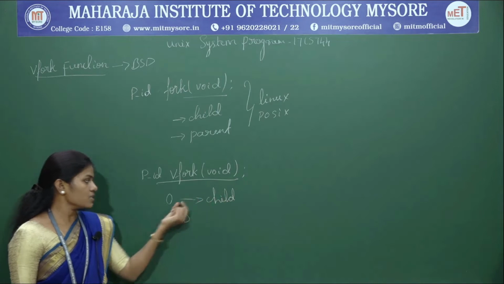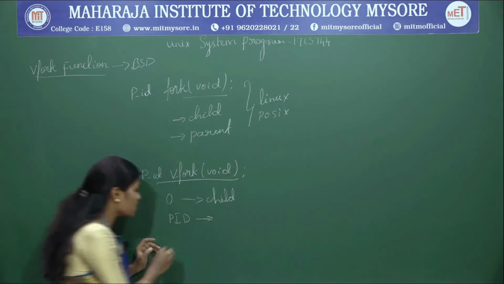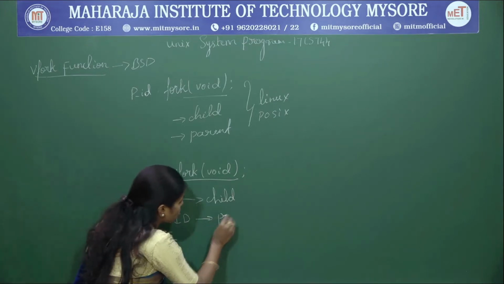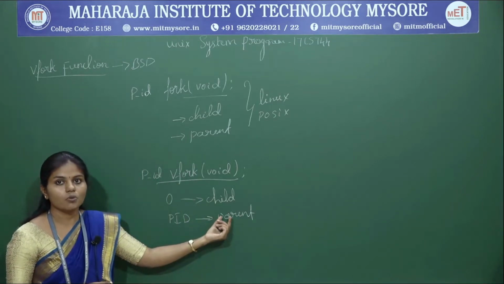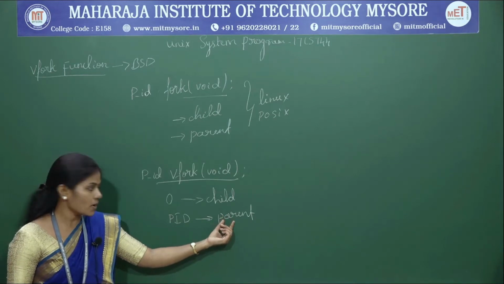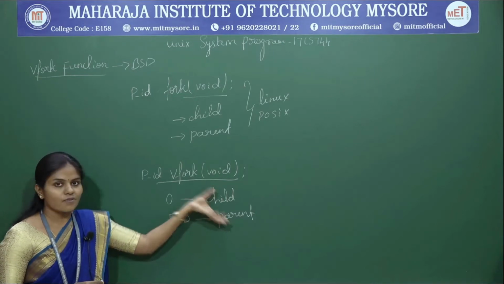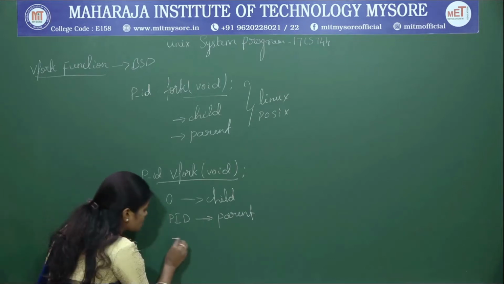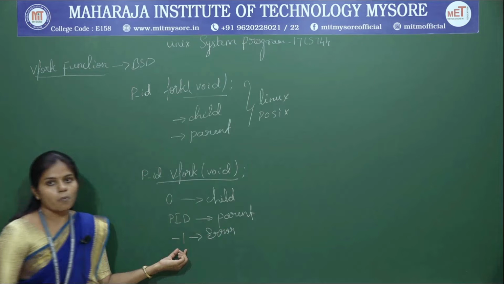The PID, the process identification number, is returned to the parent. Why? Because the parent can have more than one child, so it gets the PID of all its children. If it is unsuccessful, it returns an error with -1.